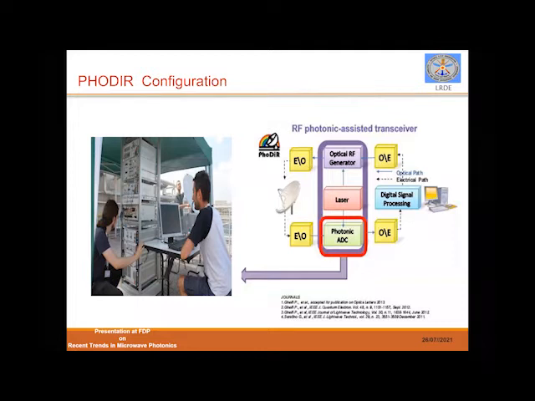In this case, they are using a photonic ADC to convert the RF signal to baseband signal, which is then converted to digital format and given to the normal signal processor.